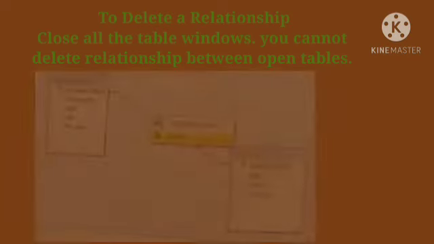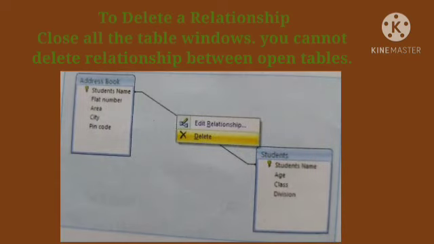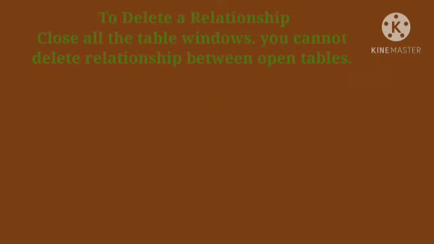Click the relationship line for the relationship that you want to delete. The relationship line appears thicker when it is selected. And then choose the Delete option.